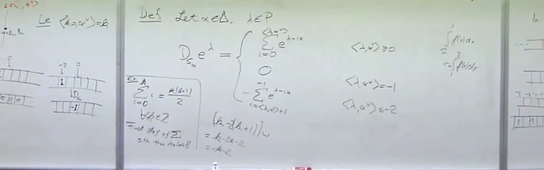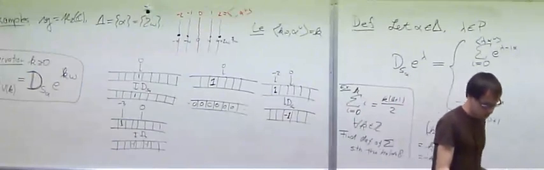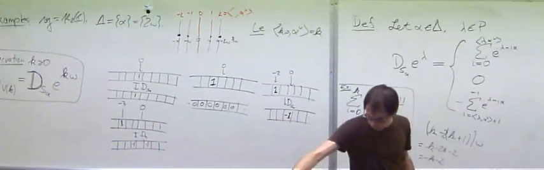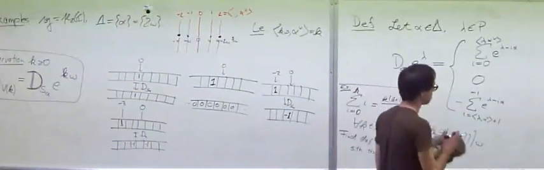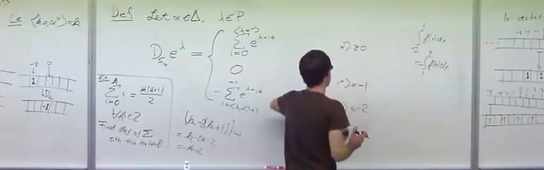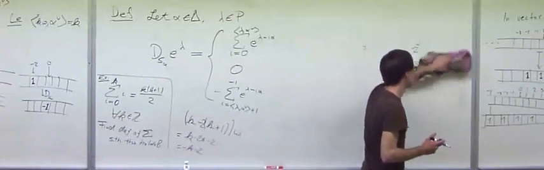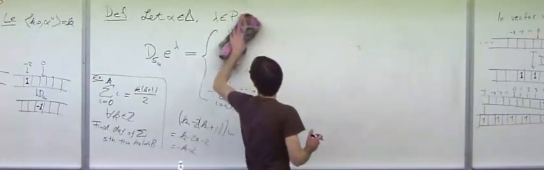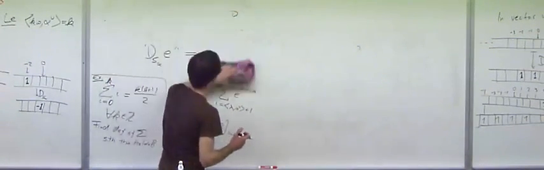So let me show just how to calculate the character of S. Maybe let me state Demazure's theorem first.